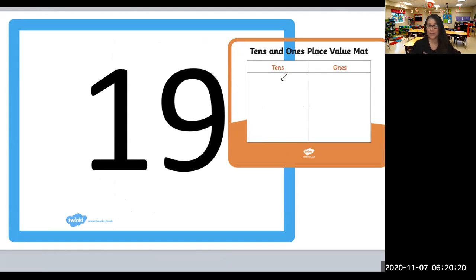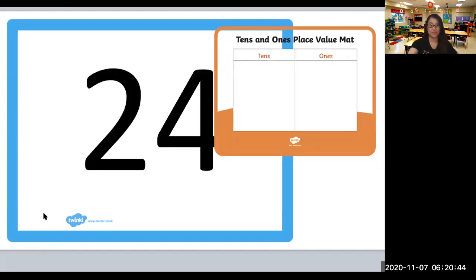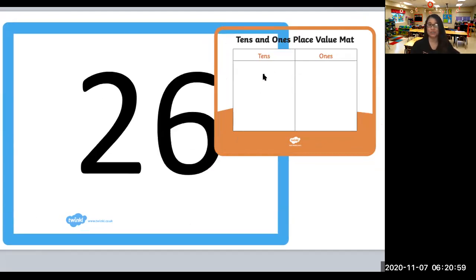I have 1 group of 10 and 9 ones, which makes the number 19. 22. 2 10s, 2 ones. 2 groups of 10s plus 2 ones makes the number 22. 24. 2 groups of 10s and 4 ones makes the number 24. 26. 2 groups of 10s and 6 ones.